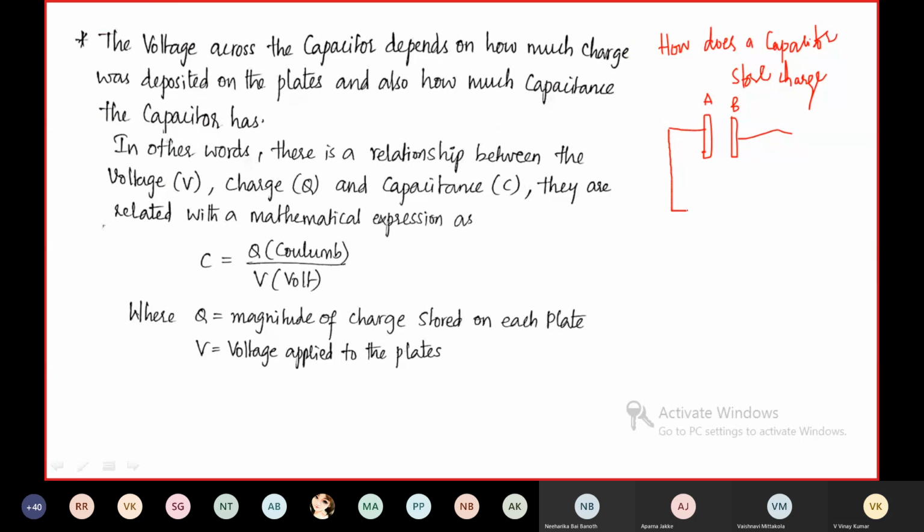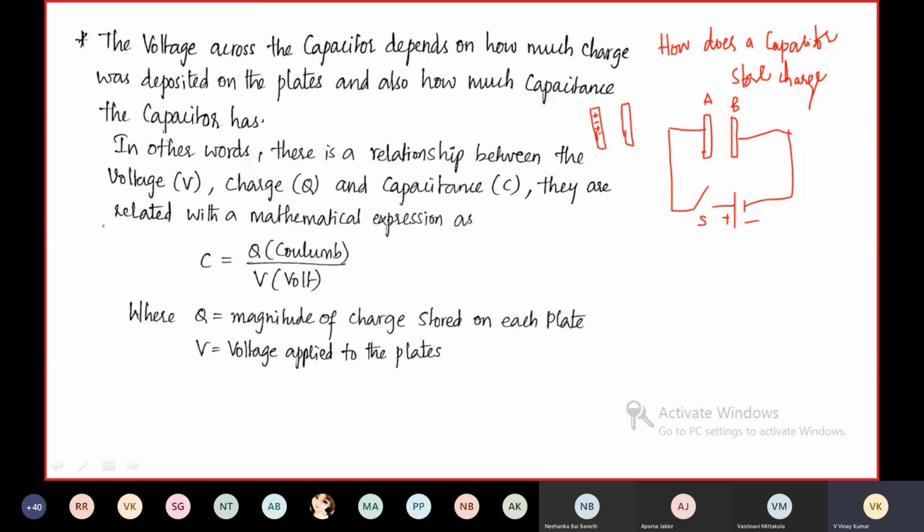Let me use a switch over here. Let V be the voltage applied across this. If the switch is open like this, then plate A and plate B are neutral. Neutral means it has positive charge as well as negative charge.